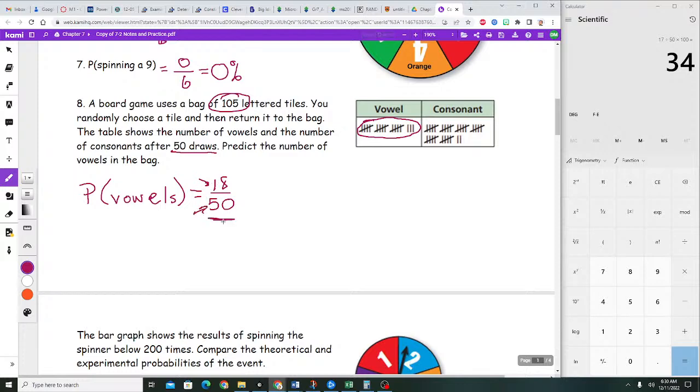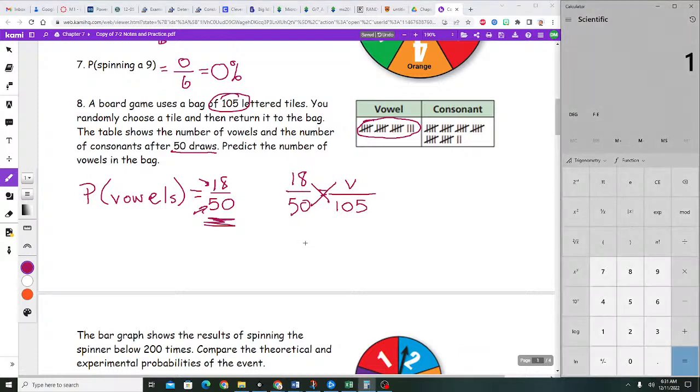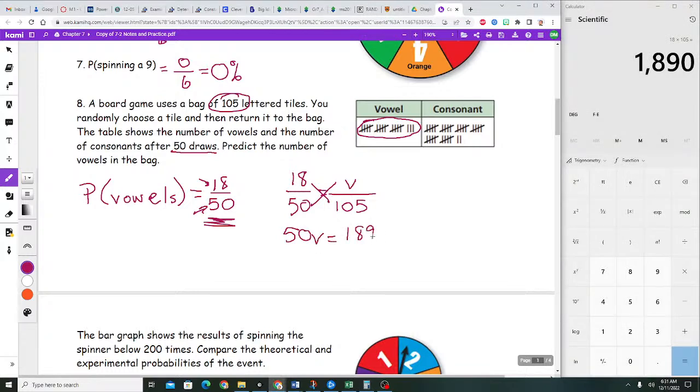Well, if we assume that draws is lettered tiles and that the ratio stays the same, which is a big assumption, but it's one that we have to make if we're going to make a prediction, we're going to go 18 to 50 is some unknown number of vowels to 105. And now we cross multiply. So 18 times 105 gives us 1,890. So we have 50 V equals 1,890.